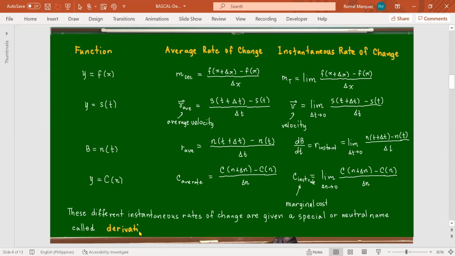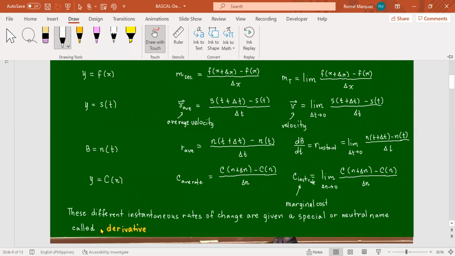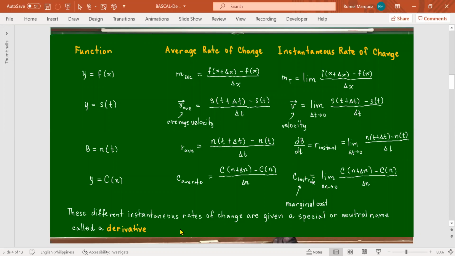Kaya instead na tatawagin nating slope, velocity, marginal cost, so what name are we going to call them, guys? Derivative, okay?